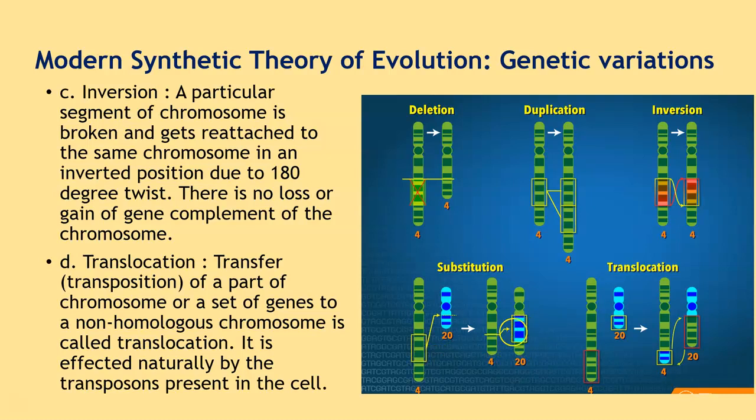This is called substitution. Now, deletion, duplication and inversion involve a single chromosome, but substitution and translocation involve two chromosomes. So all this collectively gives rise to chromosomal aberrations, that is changes in the chromosomal structures, which eventually contribute towards genetic variations.